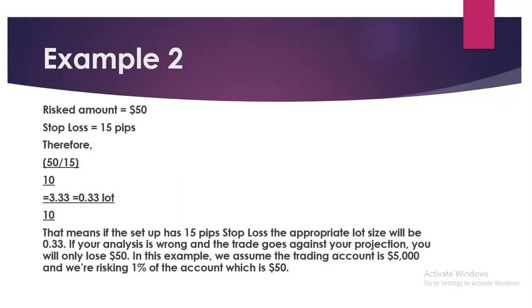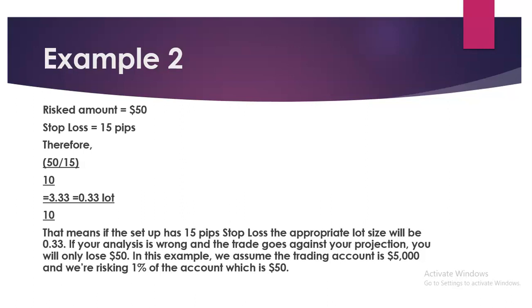In example 2, the risk amount remains the same. $5,000 account, 1% risk, and the risk amount is $50. So the stop loss is 15 pips. Therefore, you divide 50 by 15, and whatever you get there, you divide that also by 10. So when we do that calculation, what we get is 0.33 lot.